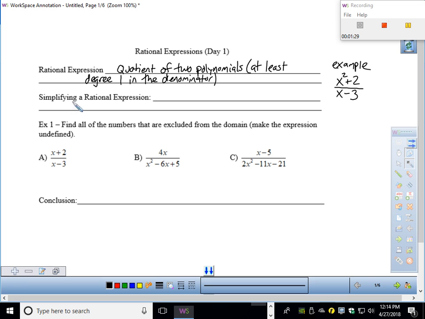It looks like the first order of business would be to talk about simplifying a rational expression. And so what that means, just like it does with fractions, is we're going to reduce. So we're going to reduce the expression. And here's going to be the key. So there are no common factors.